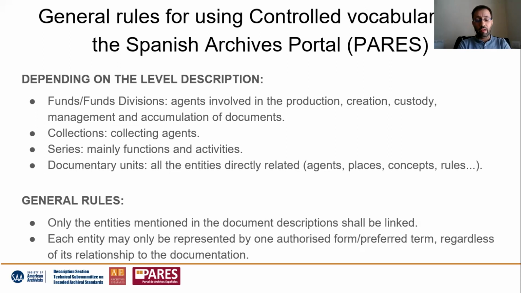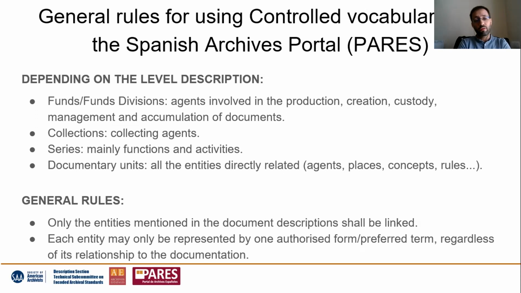And for the level of documentary units, the entities that we link will be all the entities directly related to this document and that appear in it: agents, places, concepts, events, rules, etc.